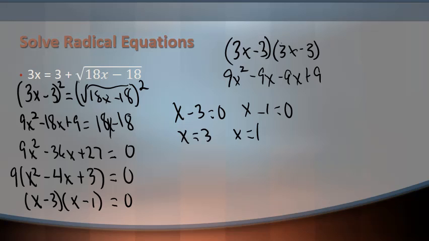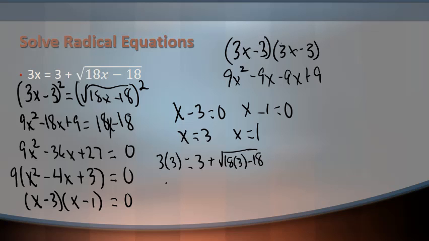Now, I have to take both of these possible solutions for x and plug them into the original equation to see if both of them are actually solutions. So let's start doing that. I got 3 times 3 equals 3 plus the square root of 18 times 3 minus 18.